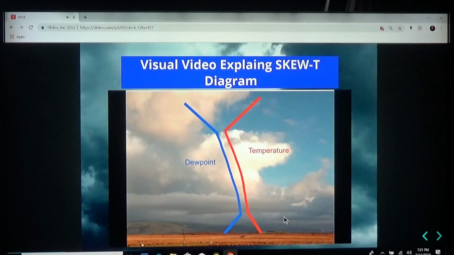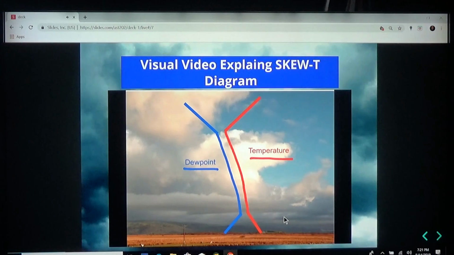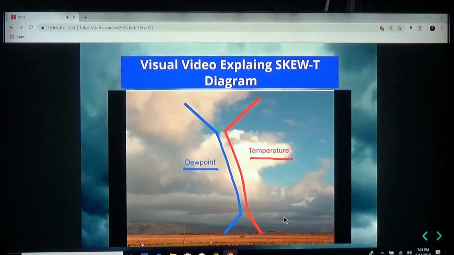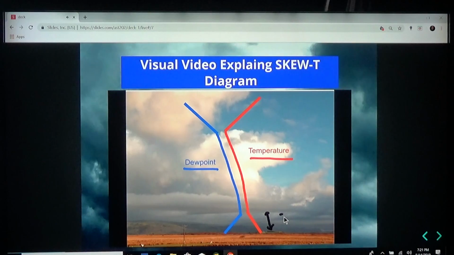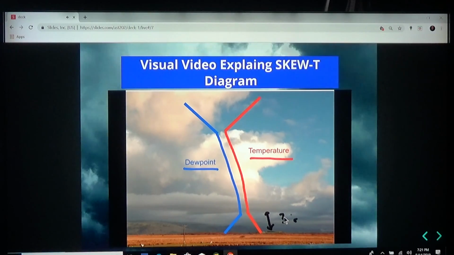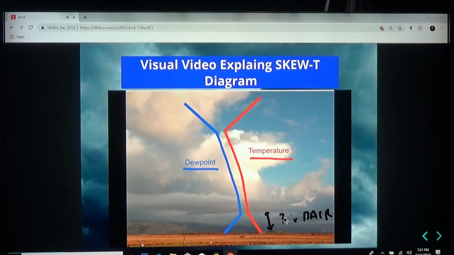On the right-hand side we've got temperature, and on the left-hand side we've got dew point. What happens here is that gradually, as the air mass rises within here to here, we've got air that's cooling off at 3 degrees Celsius per 1,000 feet, or at the dry adiabatic lapse rate.